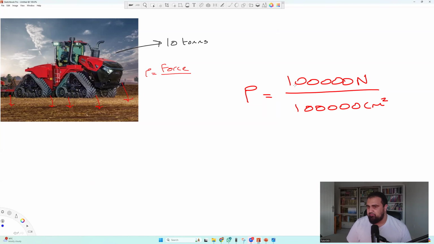What's going to end up happening? It's just going to cancel out. And so on the floor, you're just going to get a pressure of 1 newton per centimeter squared. Does everybody understand that? Does everybody appreciate what pressure is?